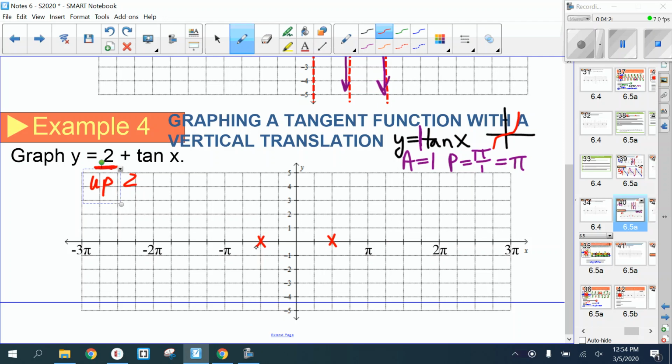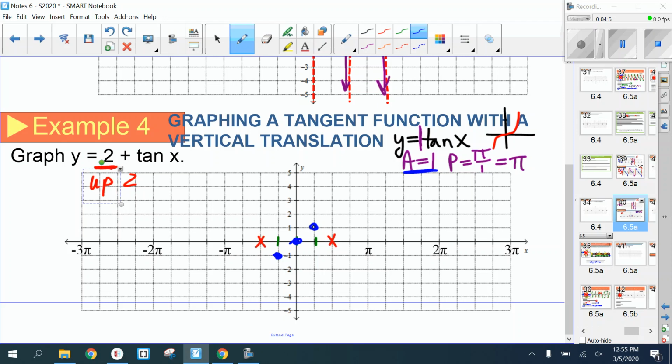This is a tangent graph. Tangent graph is increasing, and that amplitude number is 1. So all I do, if you cut that in half and half again, I'm going to go, remember that a is 1. I'm going to go negative 1, 0, and positive 1 so that I can make my curve increasing.